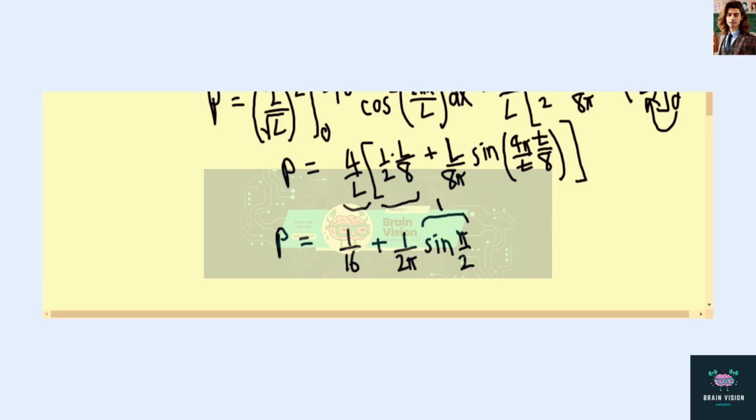So our final result is 1/4, I mean, 1/16 times 4, 1/4, plus 1 over 2 pi. And that, if you evaluate it as a decimal, is 0.409.